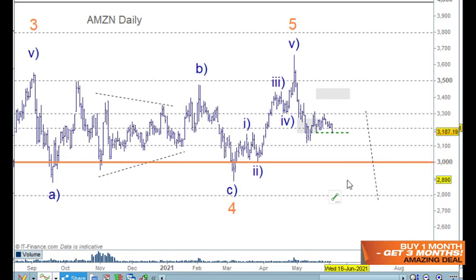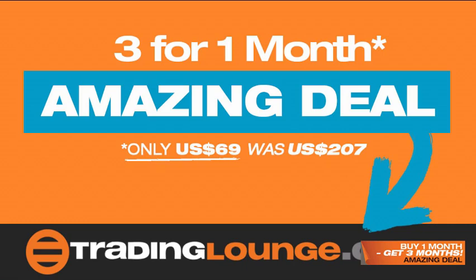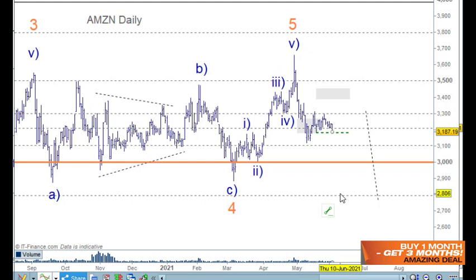So we could look to short through there. Now, of course, when we go to do that, it will probably rally and then drop through. So we'll need to understand that a little bit better, and how to accommodate that sort of risk. But in a nutshell, that's what we're looking at. So we're looking at a move to come lower.